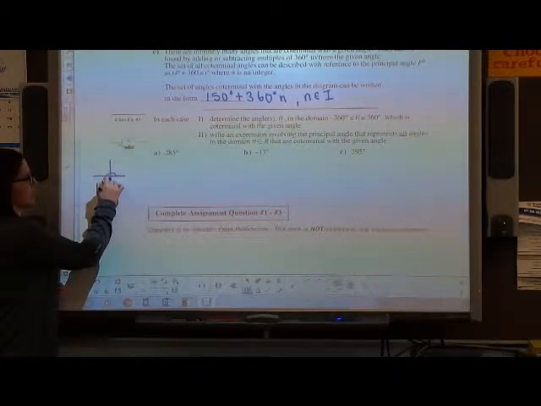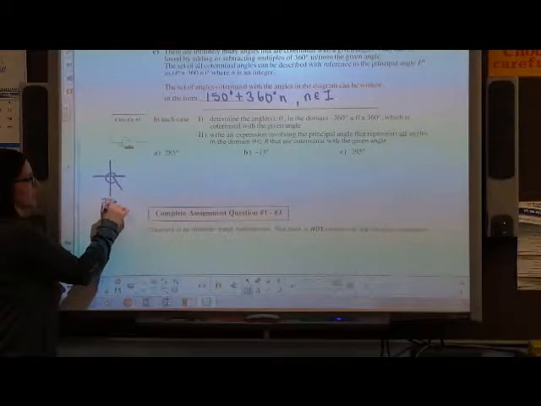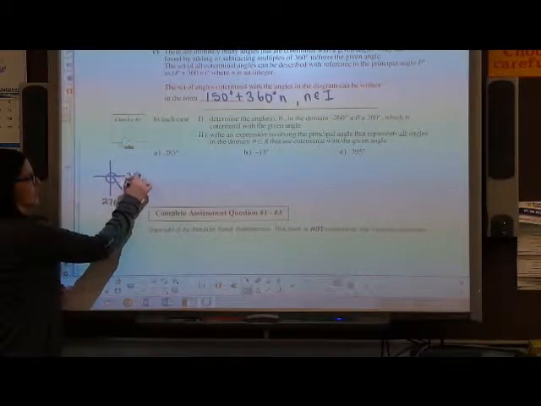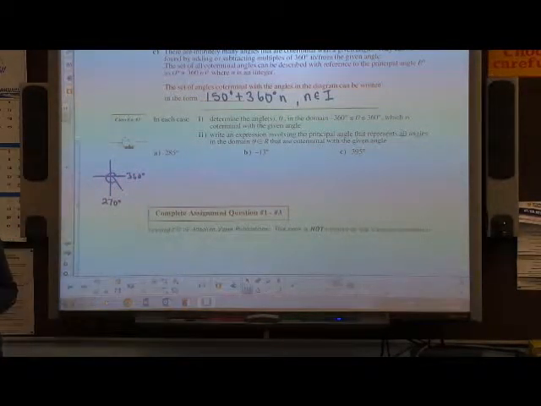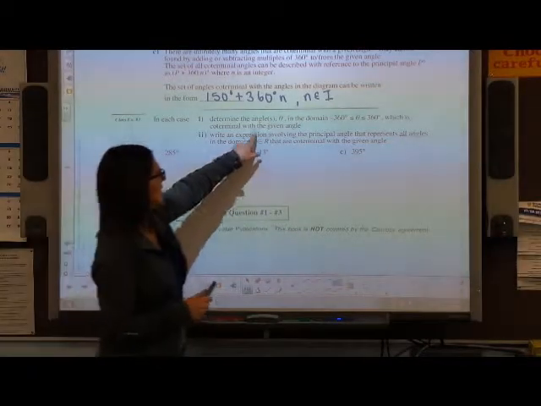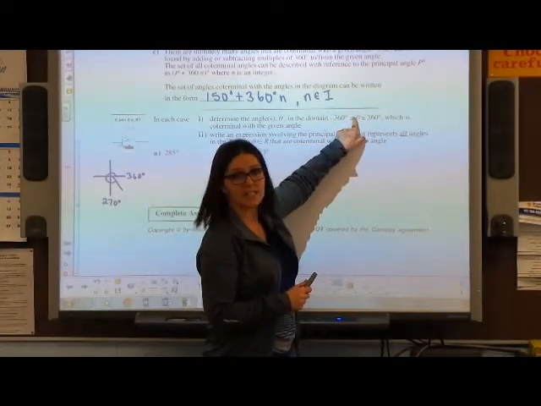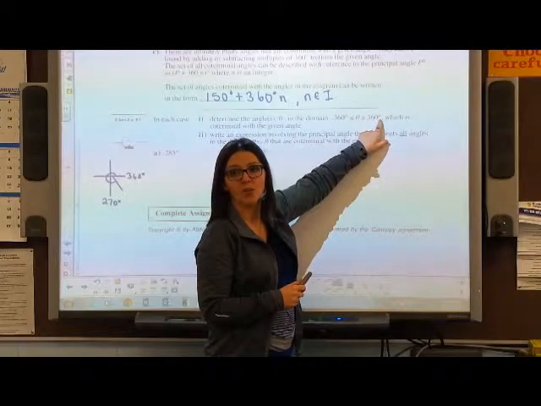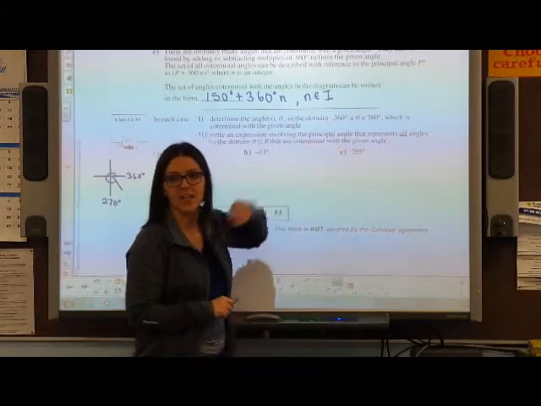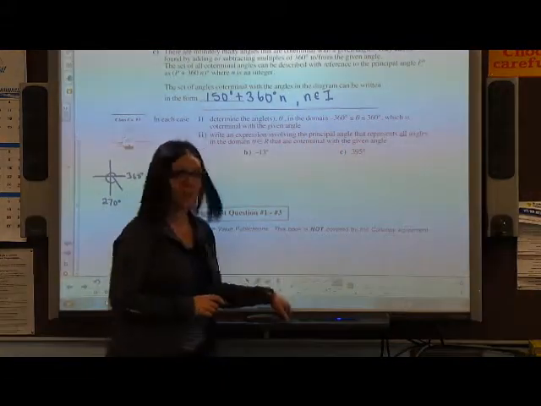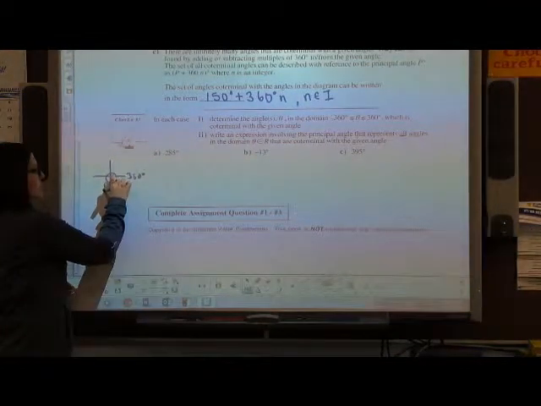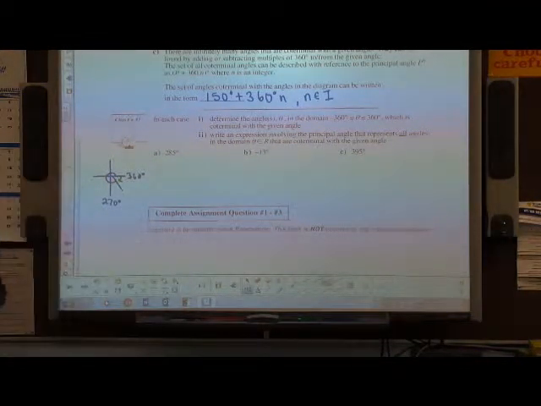285 degrees would put me down here, because this is 270, and this is 360. So what they're basically saying is, give me a positive angle within the first 360 and a negative angle. So the negative angle would be going this way. So how would I find that negative angle?